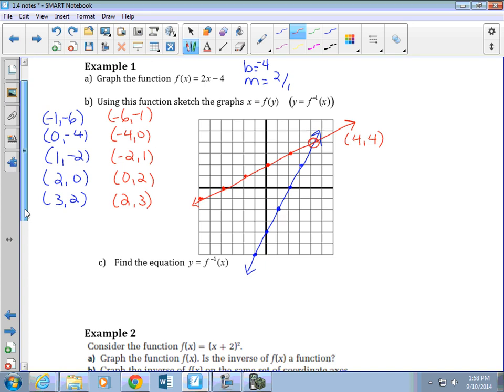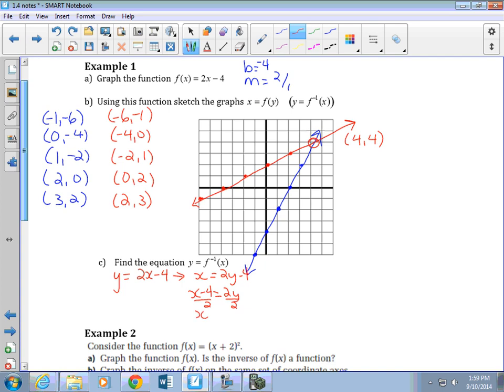Actually, first I'm going to do it mathematically. So by interchanging, I had x equals 2y minus 4. So what I want to find out is what it is when I invert. So I have x plus 4 equals 2y, divide by 2.